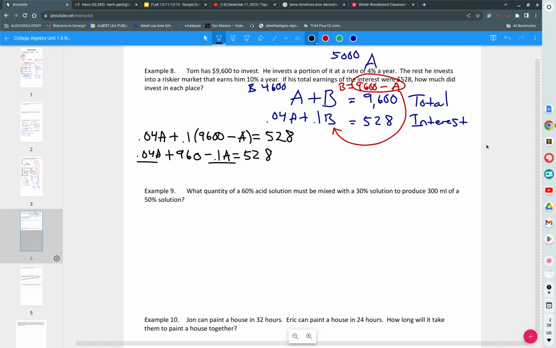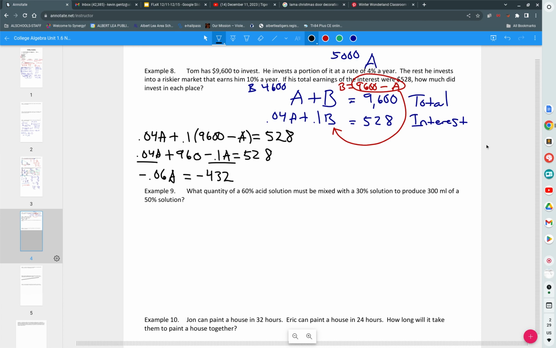I will combine like terms. 0.04A and negative 0.1A makes negative 0.06A. If I subtract the 960 over to the other side, I get negative 432. Negative 432 divided by negative 0.06.